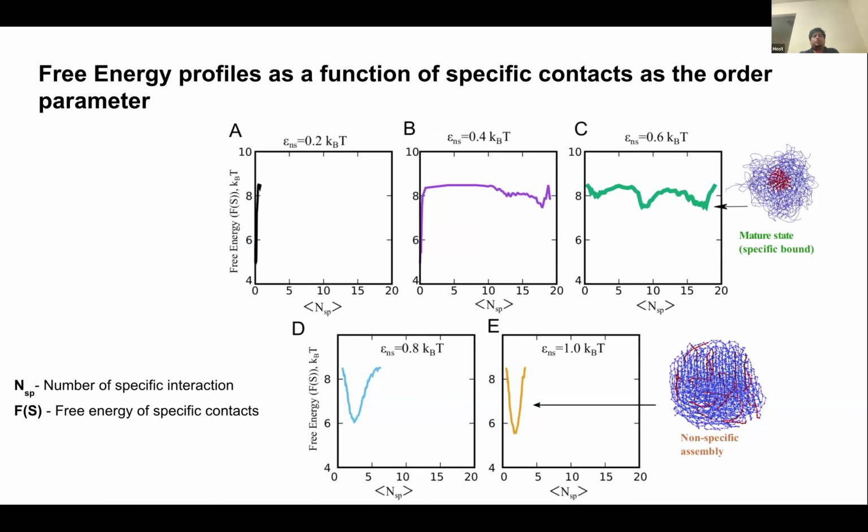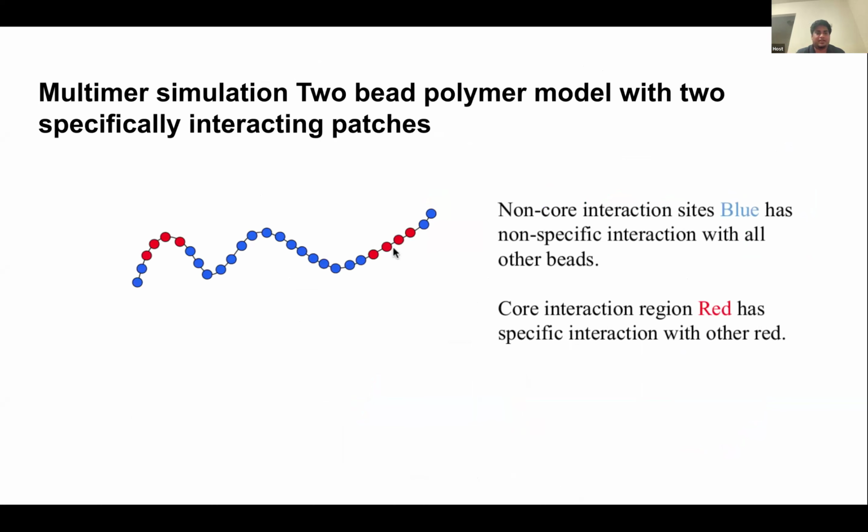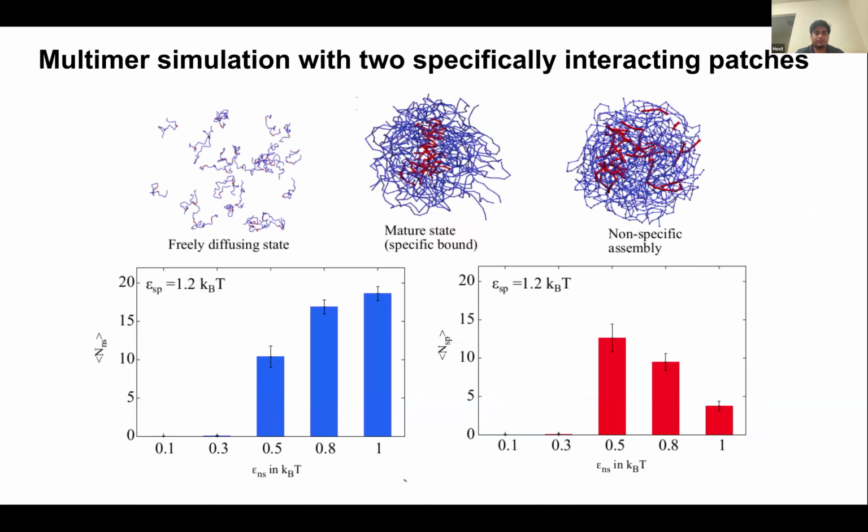We also wanted to test whether this hypothesis is true if two regions of specific beads are there. So we split the specific region into two parts and simulated the system of 30 polymers again with the same interactions as the previous simulation.